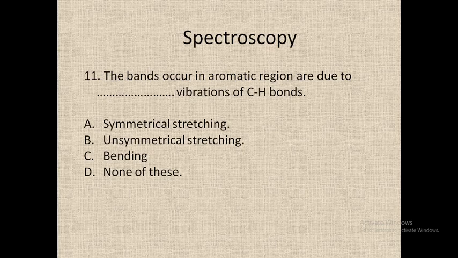Next question. The bands occurring in the aromatic region are due to dash dash vibrations of CH bonds. So whether they are symmetrical stretching, unsymmetrical stretching, bending vibrations or none of these. So always remember that in the aromatic region the bands occur due to the CH bonds' bending vibrations.